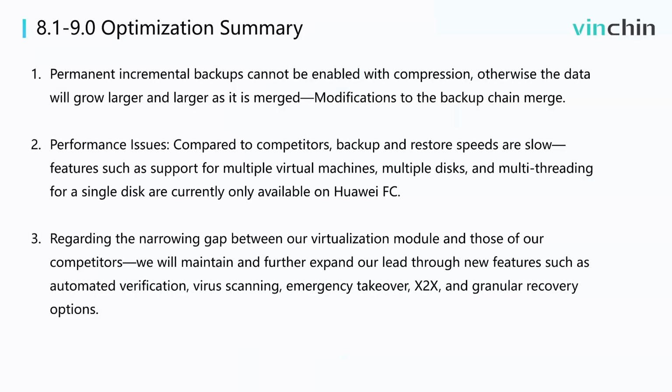First, we set the permanent incremental backups, and it cannot be enabled with the compression. Otherwise, the data will grow longer and longer as it is merged, with modifications to the backup chain merge. And second, the performance issues: compared to the competitors, backup and restore speeds are slow.